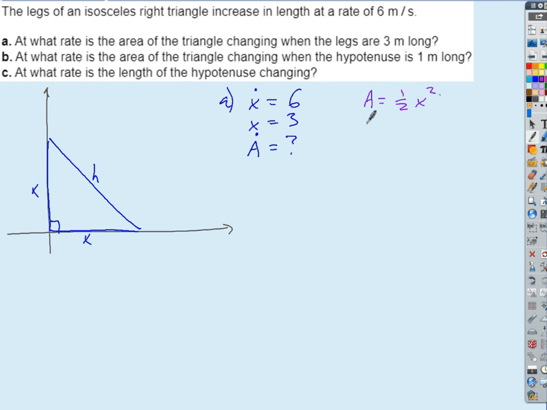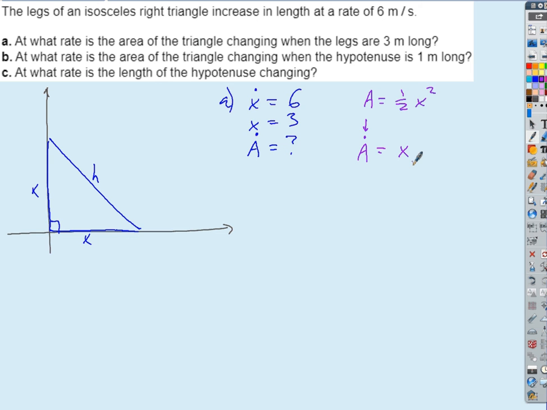So on the left side, I'm going to get A dot. Okay, the right side. What am I going to get on the right side? What do you think? Lana, what am I going to get on the right side? X. I'm going to get 2 times 1/2 is 1 times x to the 1, so it's just x. So A dot equals x.